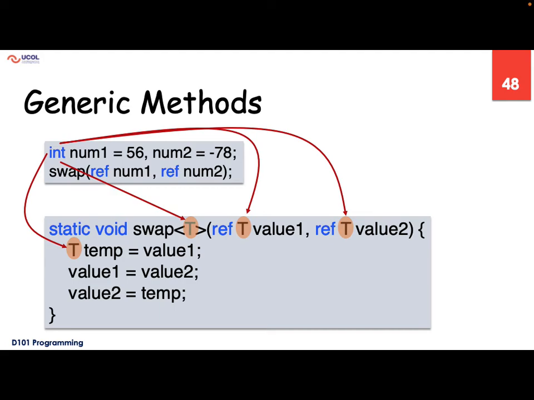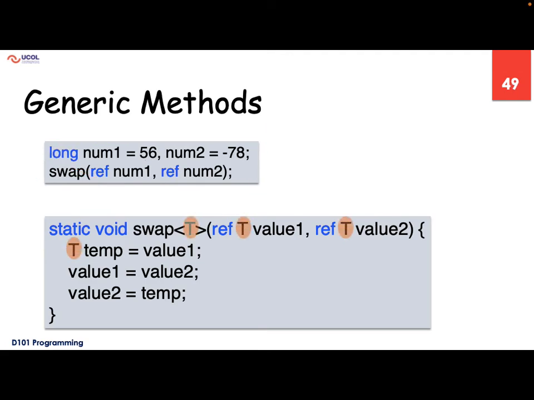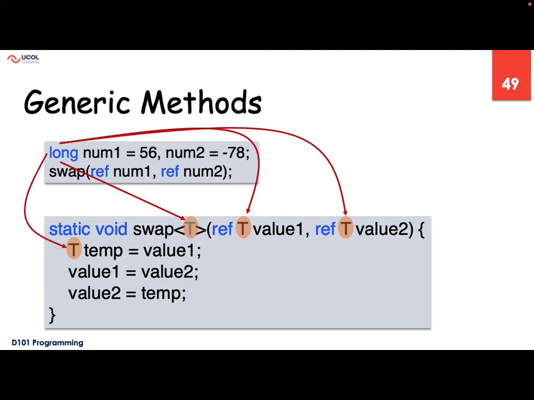So, if I write something like this with long in the very next two lines, then it will automatically replace this T with long, and that is happening at runtime when we are executing the program. Remember that: generic things happen at runtime. What will be replaced with these T's?